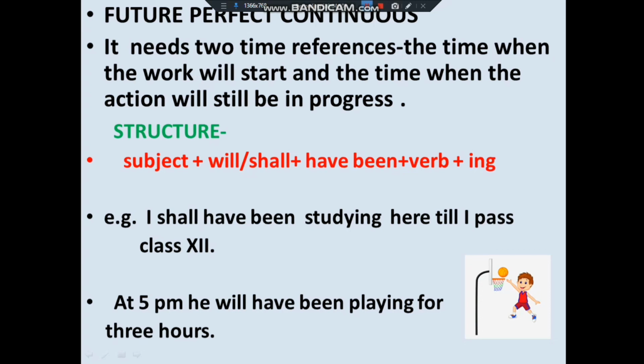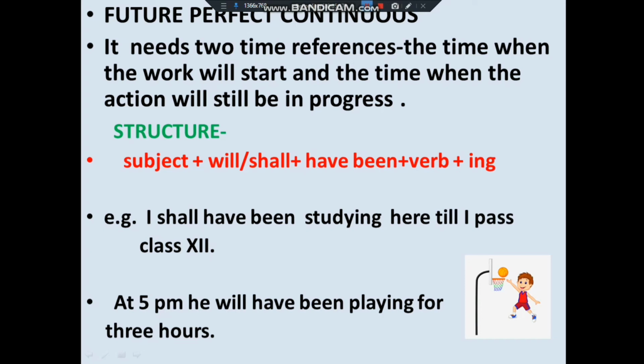I shall have been studying here till I pass class 12. Now the duration: till I pass class 12. So we are focusing on this duration instead of time. In future perfect continuous tense, whether the action started or is starting or will start, any time can be there.